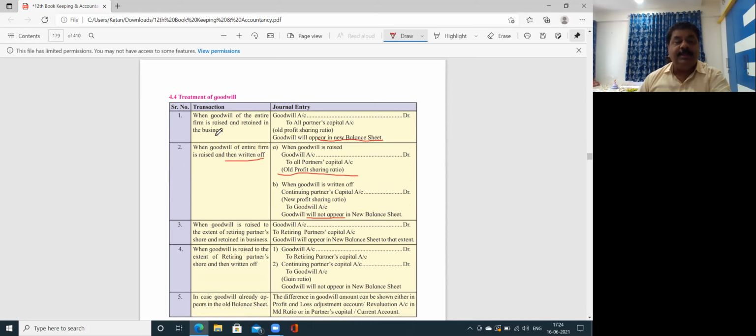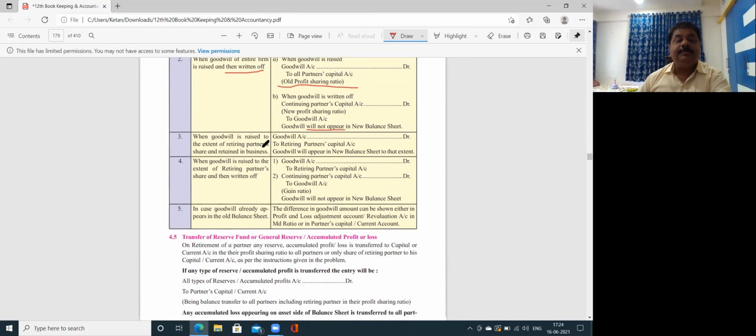Number 1, it is raised for the entire firm, for all partners. Here it is raised, but to the extent of only the retiring partner. Now the entry is goodwill account debit to retiring partner's capital account, and now the goodwill will appear in the new balance sheet to that extent.